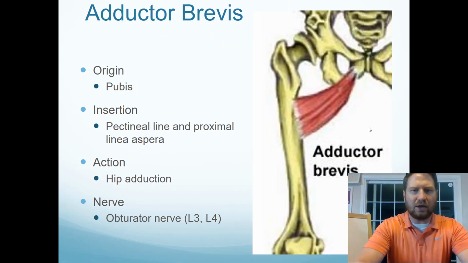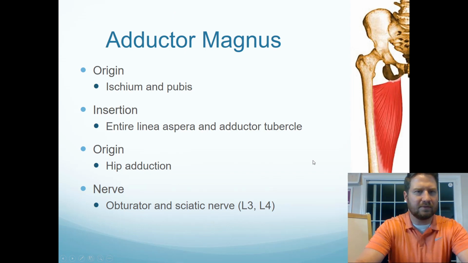And our adductor brevis, that's going to insert on the pectineal line and proximal linea aspera. And then you're going to have your pectineus up here as well. All these muscles create our hip adductor group. Our bodies were designed very much to not allow us to do the splits.